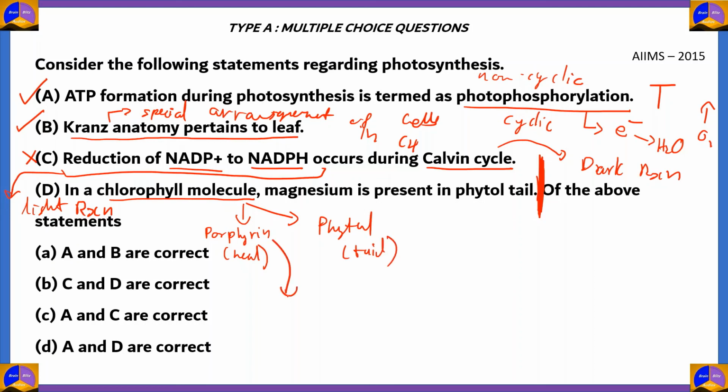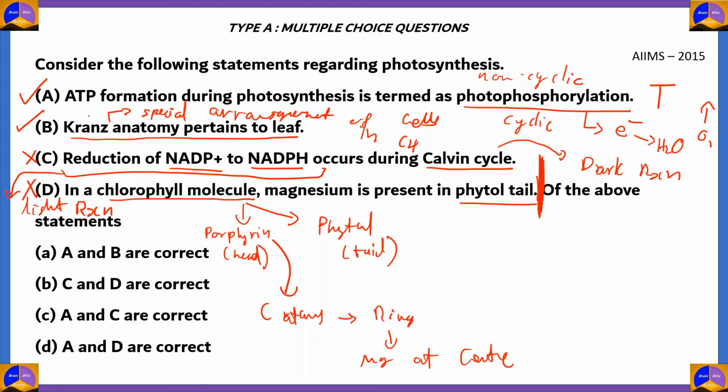Now, porphyrin consists of a number of carbon atoms present in a ring, and it has magnesium at the center of the ring. So therefore, the magnesium is actually present in the center of the porphyrin head instead of the phytol tail, as it's mentioned in the option. So statement D is also incorrect.